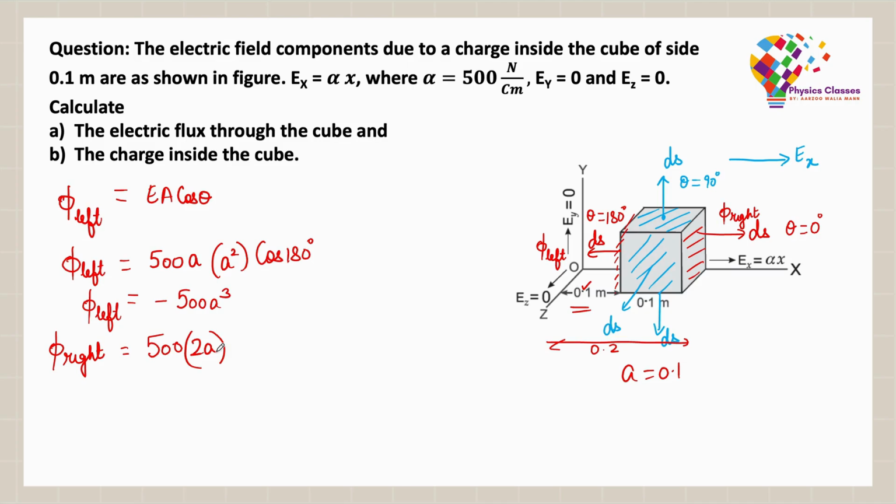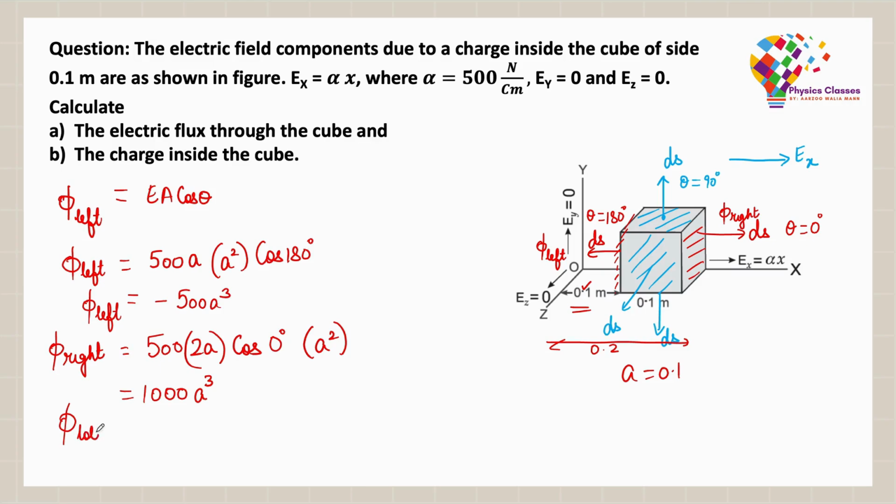I'm trying to write everything in terms of a so that later it's easier to subtract and then directly put in the value in the end. So 0.2, with a being 0.1, is 2a. And the cos value would be cos 0 degrees because it is parallel. Now this comes out to be 1000, and sorry, I forgot to include the area, which would be a squared as well. So 1000 a cube, and cos 0 is just 1, and this is positive.